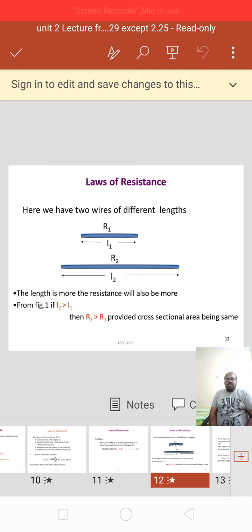From figure 1 we can judge that if L2 greater than L1, then R2 greater than R1, provided the cross sectional area is being same. We can reversely also write, that is L1 less than L2 and R1 less than R2, provided the cross sectional area being same.